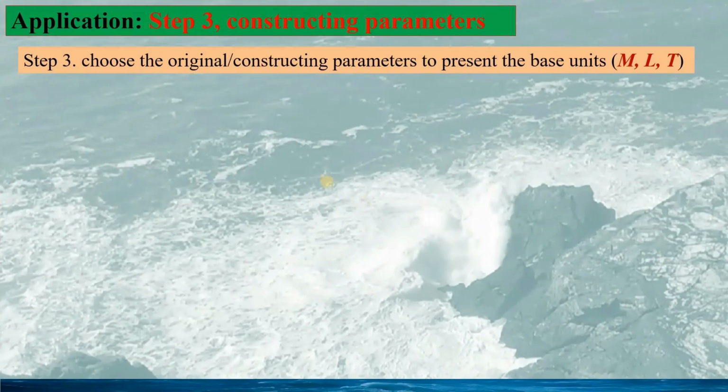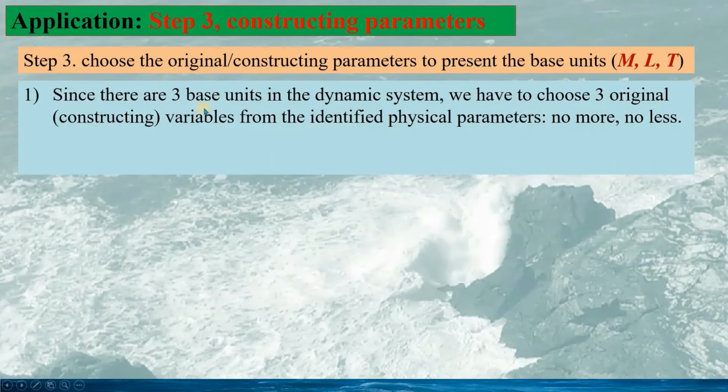In step 3, we need to choose the original or constructing parameters to represent the base units, mass, length, and time. Since there are 3 base units in the dynamic system, we can choose 3 original or constructing variables from the identified physical parameters, no more, no less.